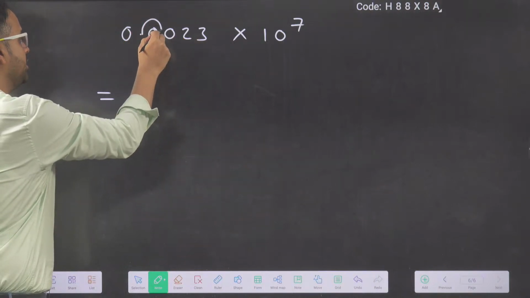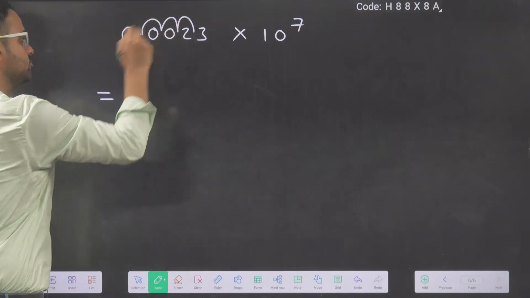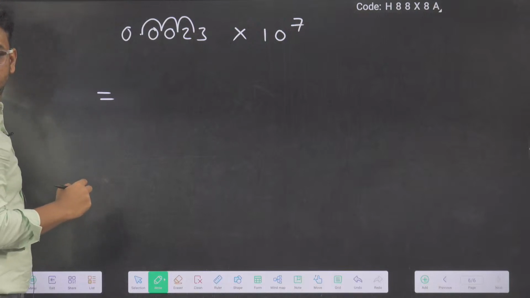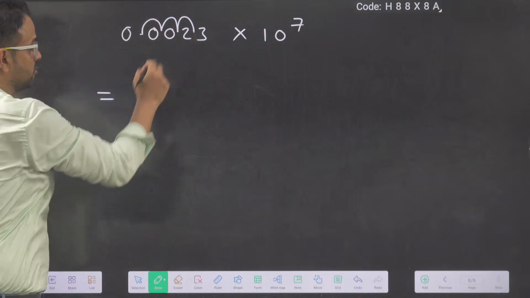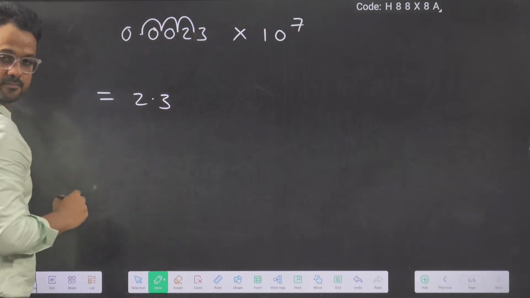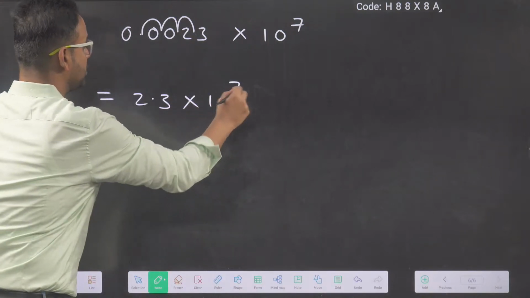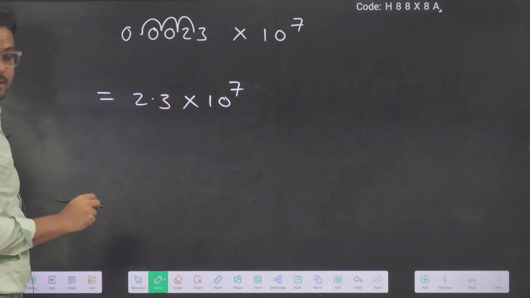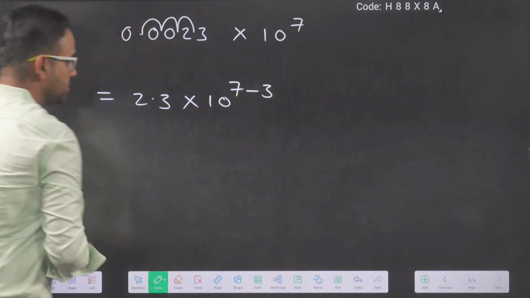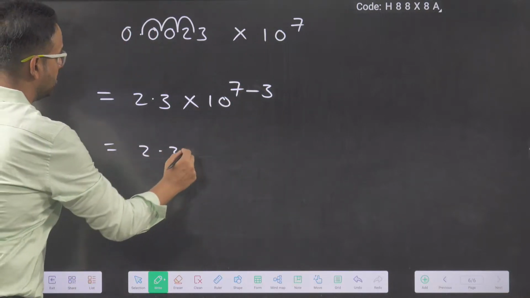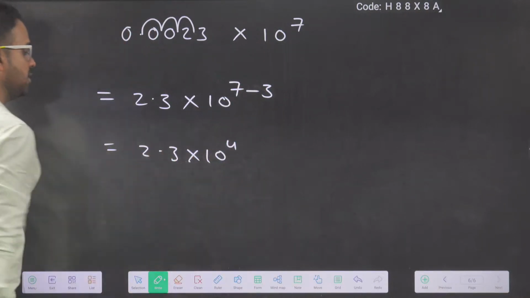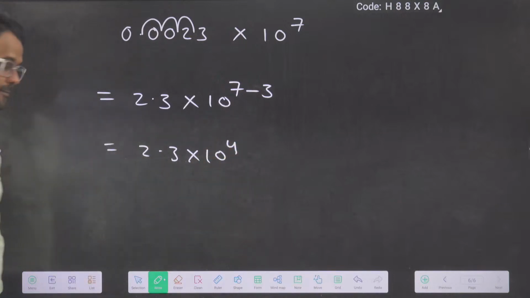So 2.3 into 10 to the power 7 is already there, and minus 3. How much does this become? 2.3 into 10 to the power 4 is your answer.